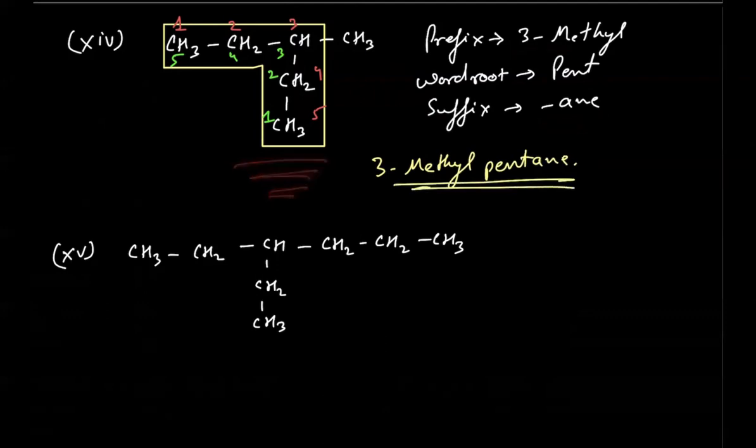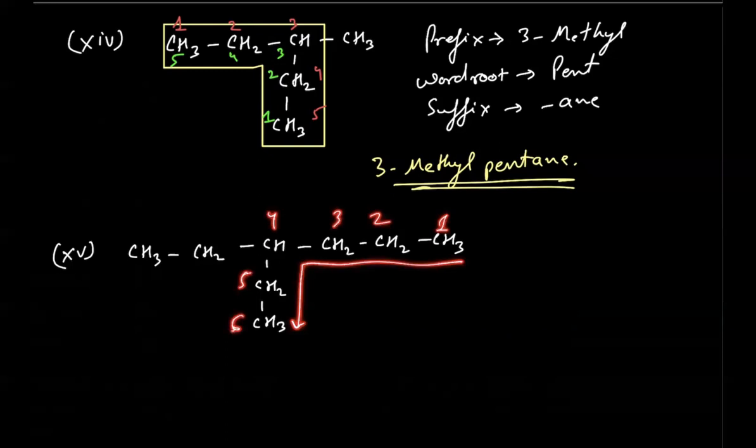Let's do one more example to understand this rule clearly. First, by looking at this compound, you'll try to find the longest possible chain. There are three possibilities. You either go straight, so that is 1, 2, 3, 4, 5, and 6 carbons, or you go to the bottom starting from the left, so you have 1, 2, 3, 4, 5 carbon atoms, or starting from the right you go to the bottom, so you have 1, 2, 3, 4, 5, and 6.